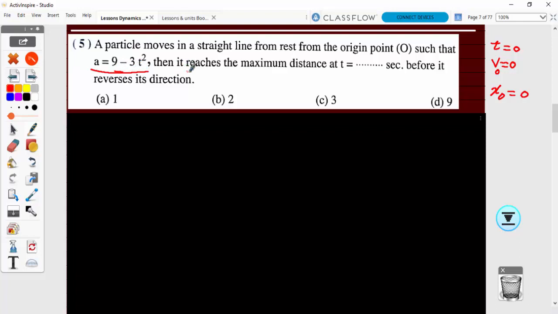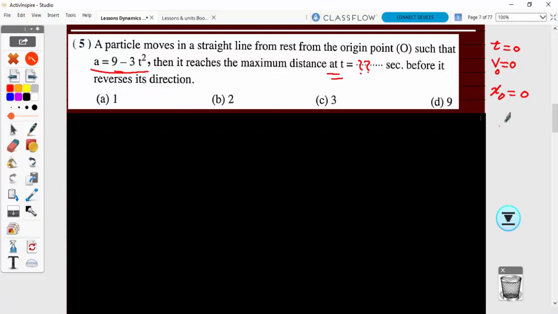Okay, then it reaches the maximum distance at t equals, here they ask about the maximum distance before it reverses its direction.